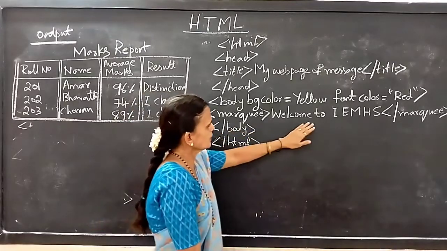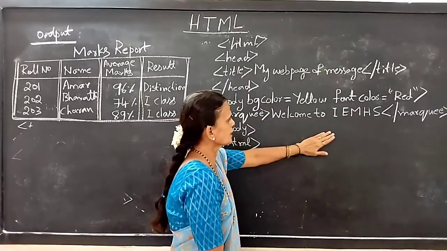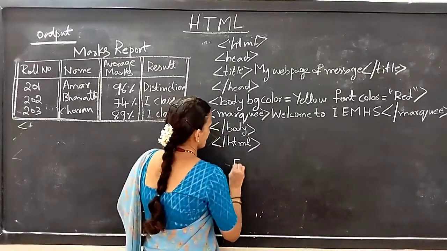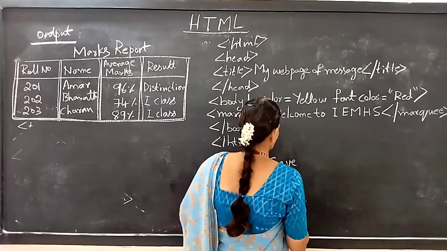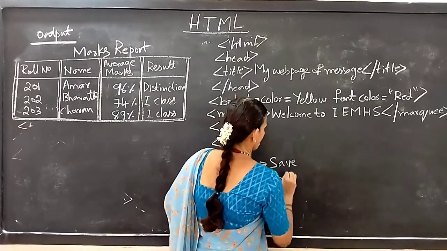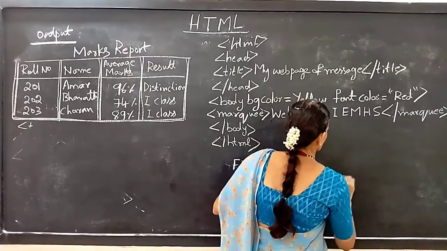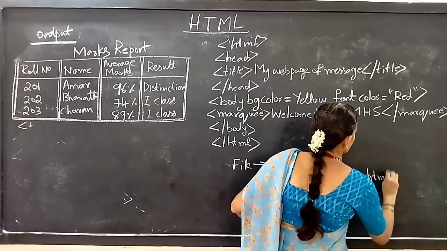In order to get the message, it goes on moving on your screen. So File, Save, and we will give the file name message.html. Okay, message.html.